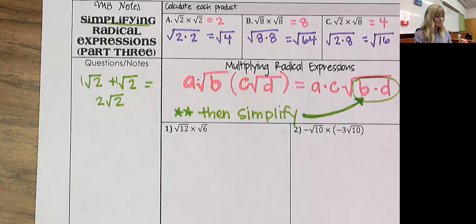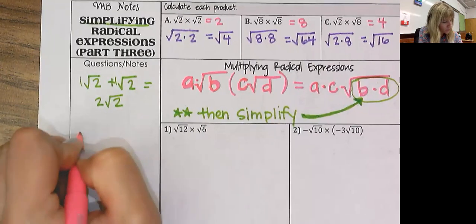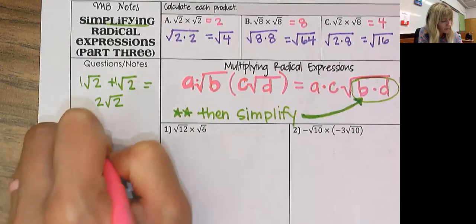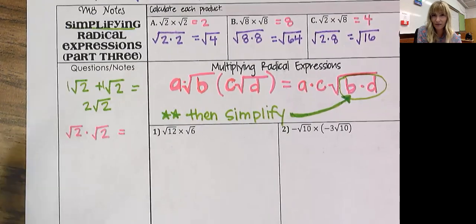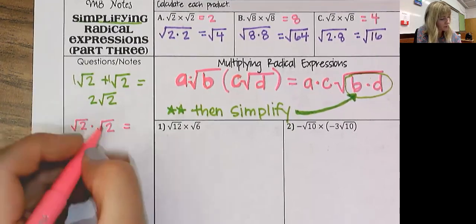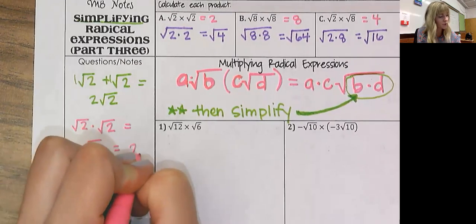However, if I multiply, it's going to look very similar, but it's going to have a very different answer. If I do square root of 2 times square root of 2, when you multiply, you actually change the size of things. Square root of 2 times square root of 2 is square root of 4, which comes out to 2.